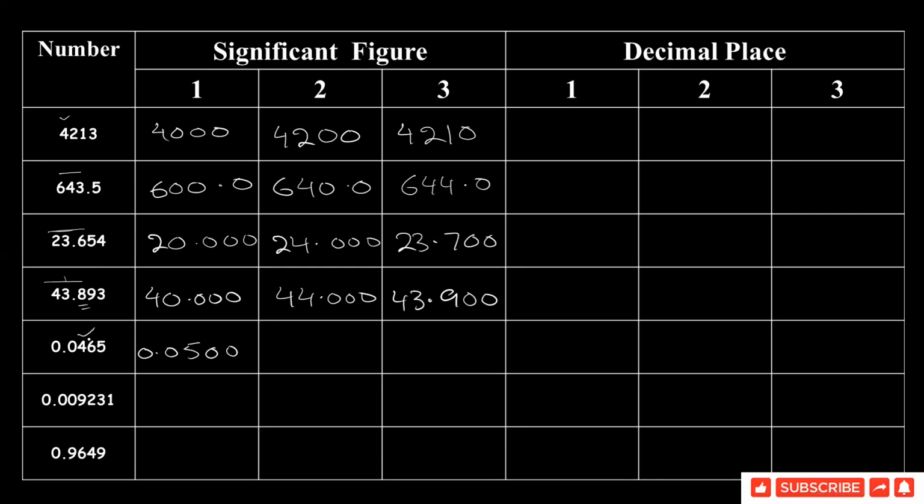Now if 2 significant figures, if we mark this up to the second significant figure, this one is 6. So next to 6 is 5. So we shall add 1 to 6 and it becomes 7. 0.0470. Okay. The next 3 significant figures are already there. So we write the number as it is.